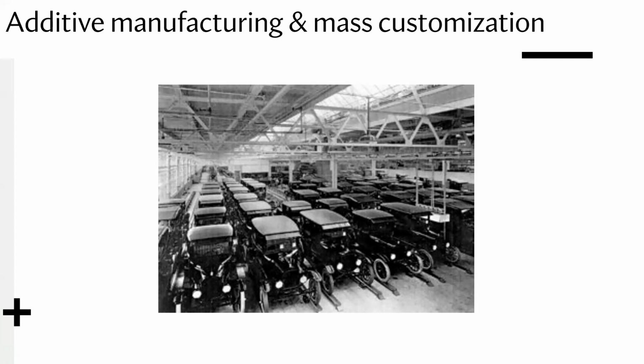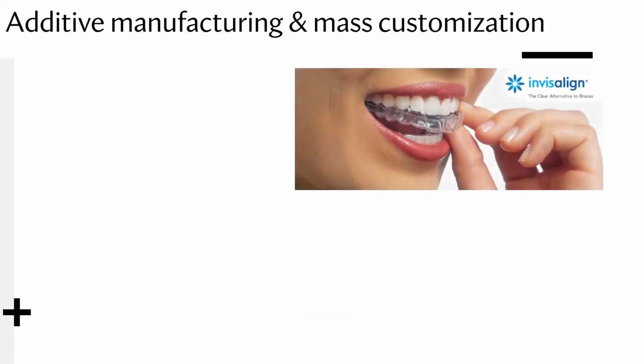To customize is to have this car here have a different setup from the other car and from the other car there. So what we have with manufacturing processes in the conventional sense doesn't allow that. Now, 3D printing has come to change that really. So additive manufacturing has allowed us to make these aligners.